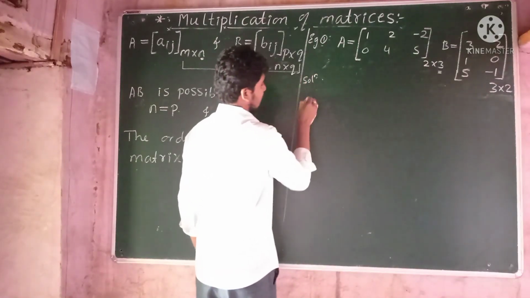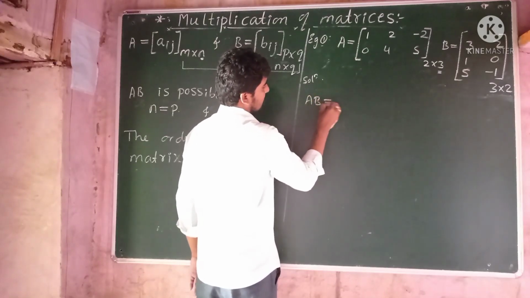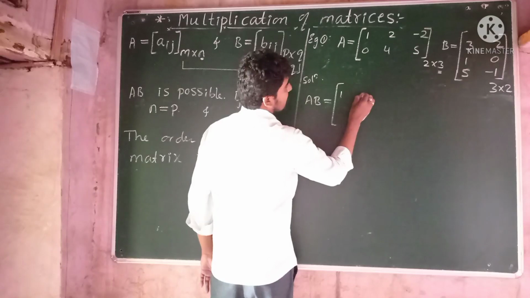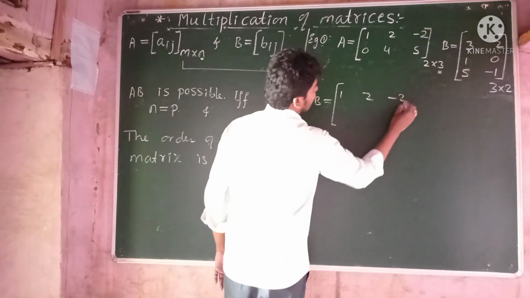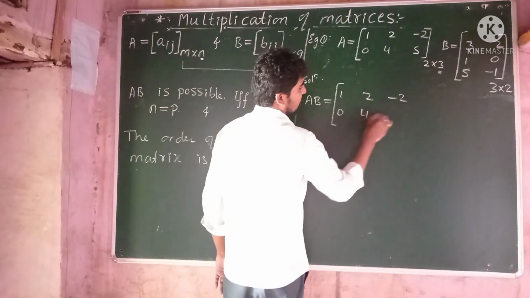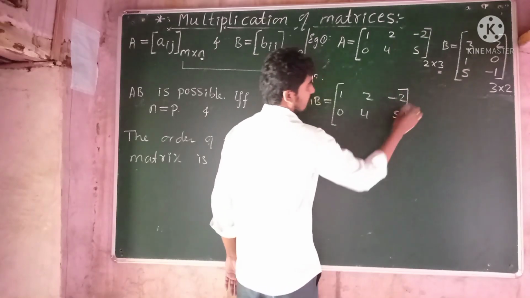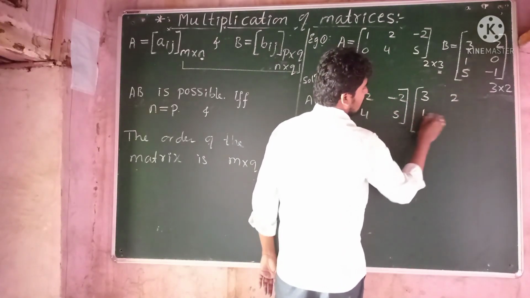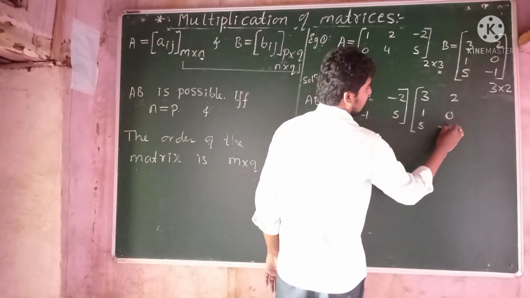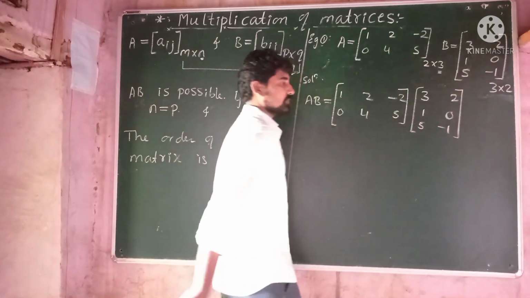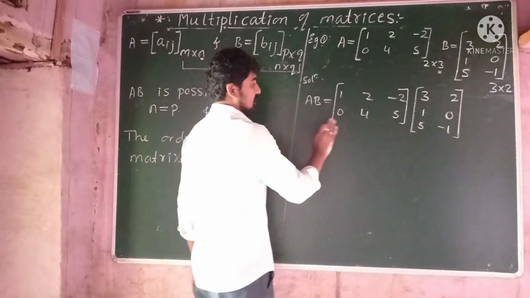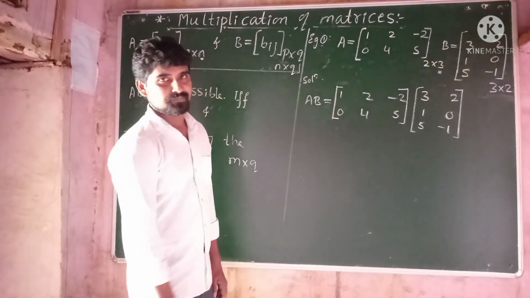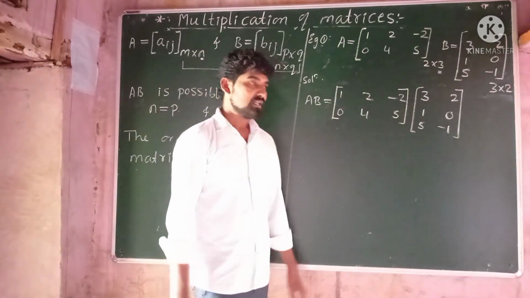So AB is equal to matrix A, given by 1, 2, -2, 0, 4, 5, into matrix B, 3, 2, 1, 0, 5, -1. The procedure to find the product of any two matrices is rows versus columns. You just observe here.